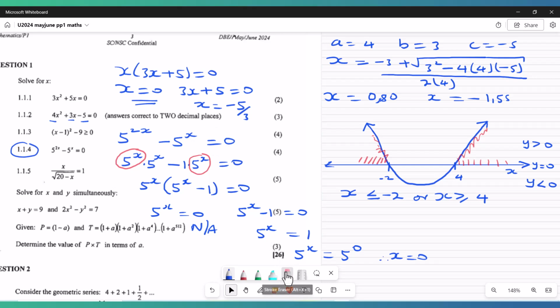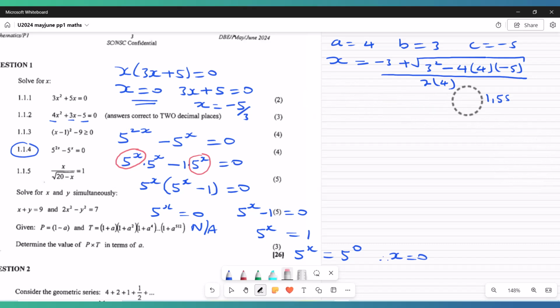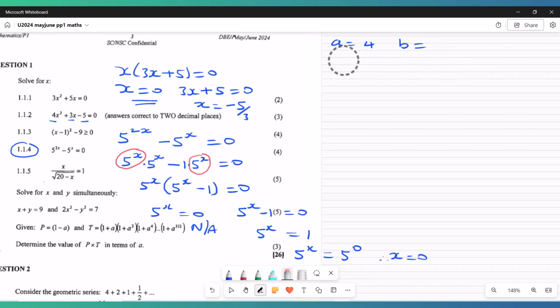Next question is question 1.1.5. It says x divided by the square root of 20 minus x equals 1. So what do we do in this case? In such a scenario, we are going to cross multiply, and then remove the square root by squaring both sides of the equation, and then we form the quadratic and solve it.